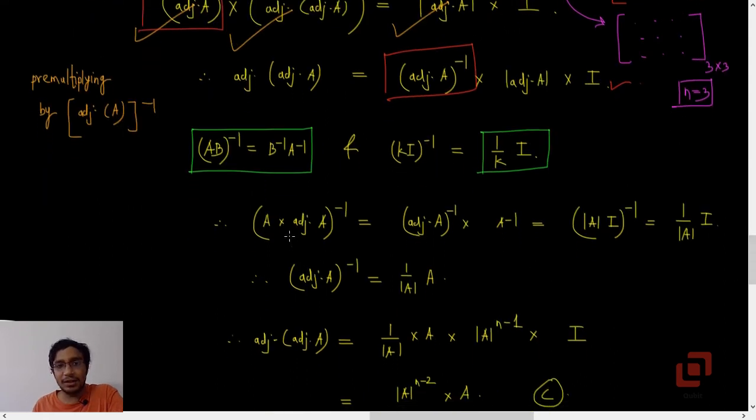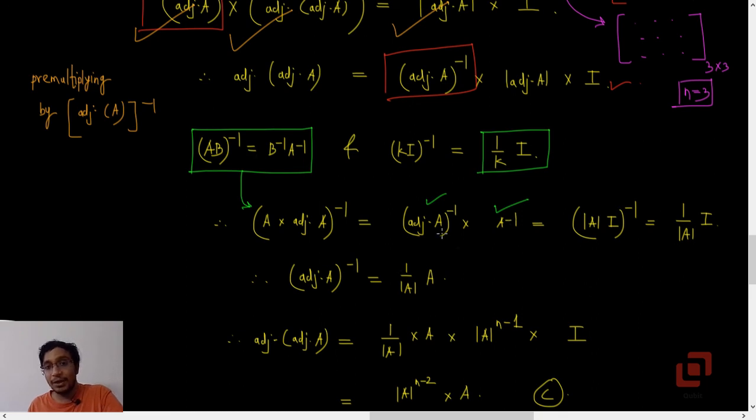First we will consider the product A into adjoint of A, and we'll take its inverse. It is going to be equal to adjoint of A inverse into A inverse. Clear? That is based on this property: AB inverse is B inverse into A inverse.